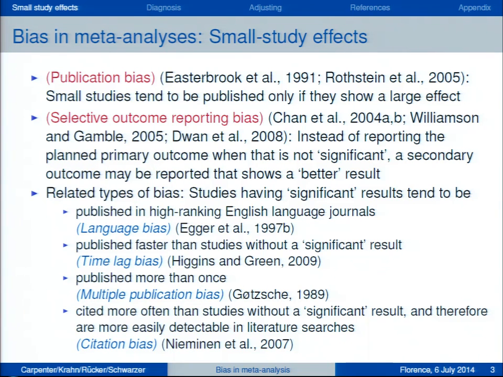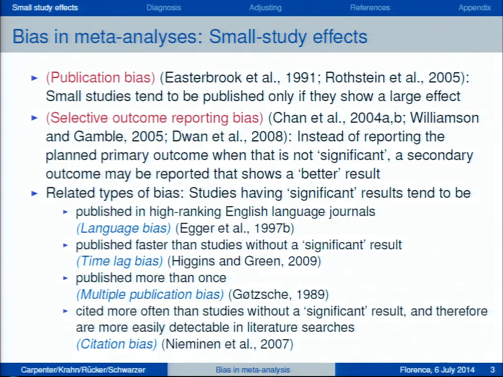There is much evidence of publication bias, and this means that often small studies tend to be published only if they show a large effect. If they show no effect or an effect in the wrong direction, they might not be published.